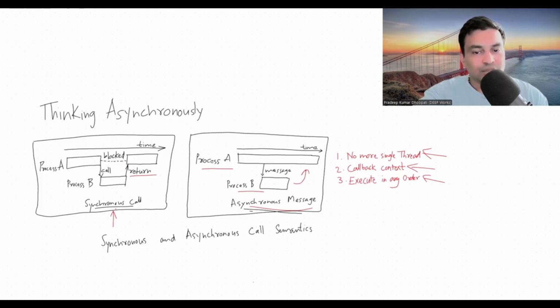When process A sends a message to process B and goes on to other work, process B takes that message and starts processing it. Meanwhile, process A can send message 2 to process B, and 3 and 4 and so on and so forth. So process B will execute in any order and not necessarily in the order it receives the messages from process A. And this also adds to the complexity when designing asynchronous solutions.